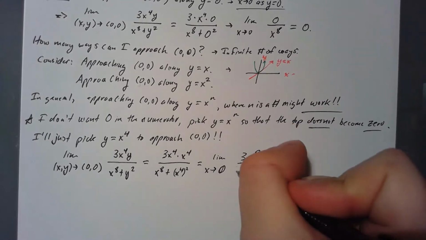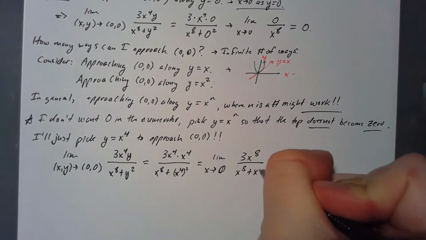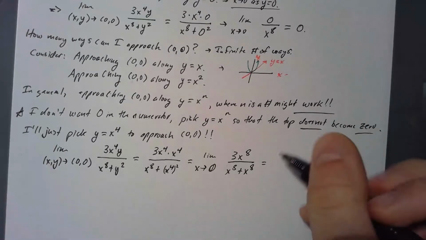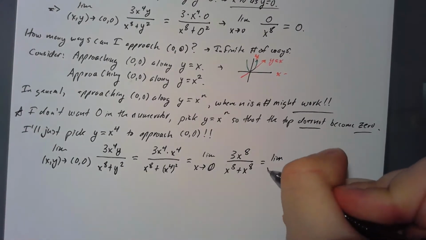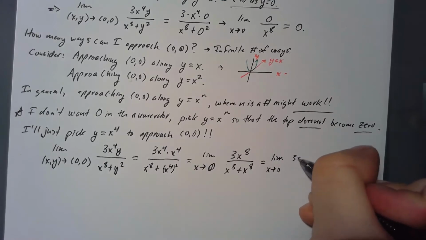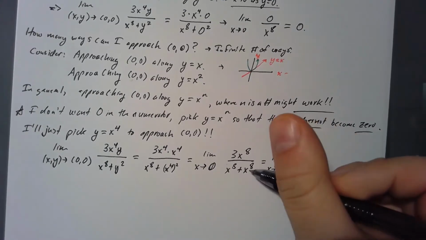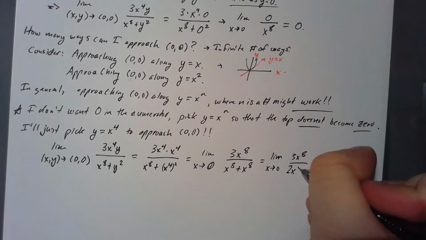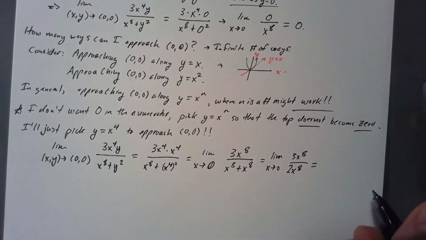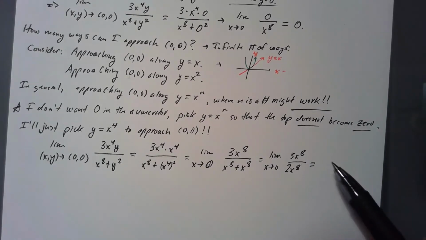Well, this is a single variable limit. This x to the eighth plus x to the eighth is 2x to the eighth. I think you can see that we're good here. What's going to happen to these x to the eighths?